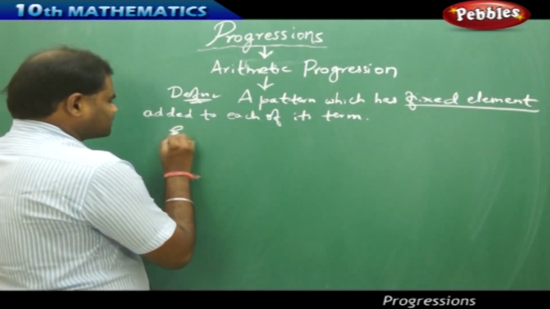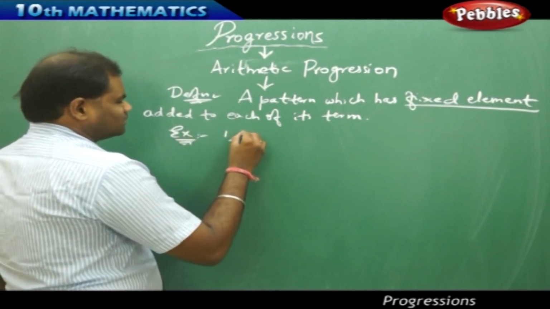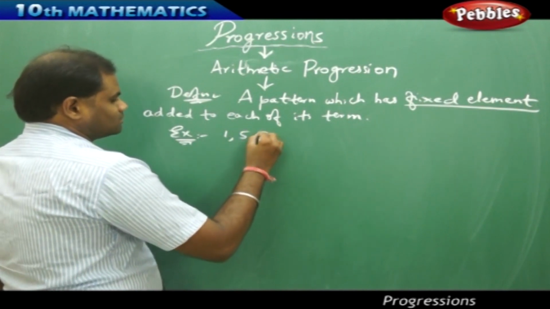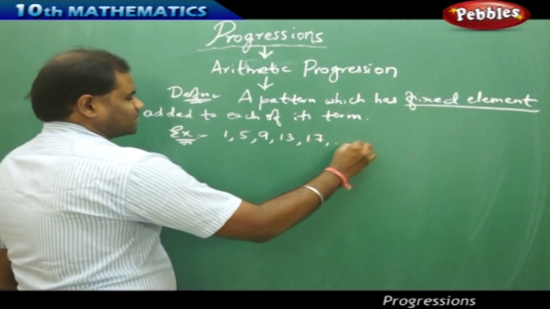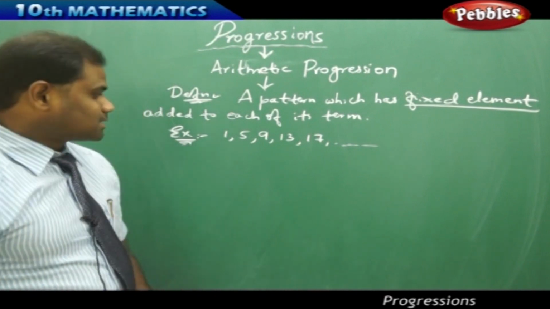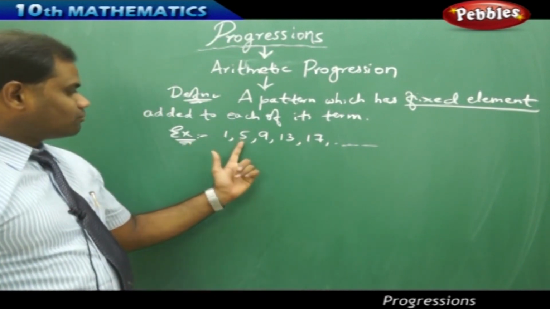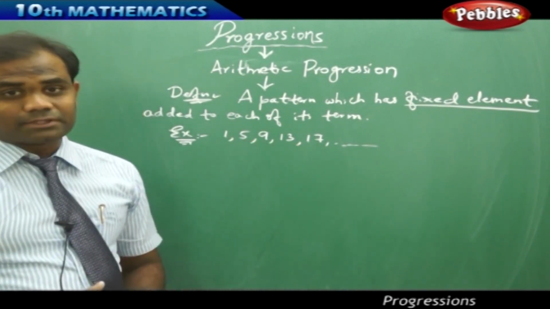For example, I take a pattern 1, 5, 9, 13, etc. This example has already been discussed, where let's again revisit the same example problem. Now if I take the pattern 1, 5, 9, 13, 17, in this case, what is the fixed element which is added?